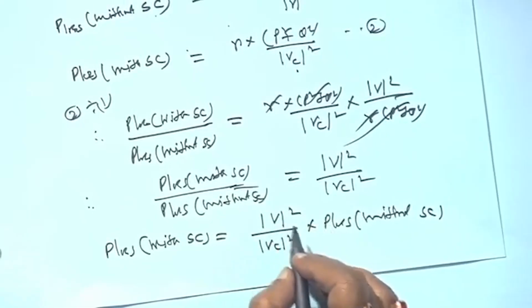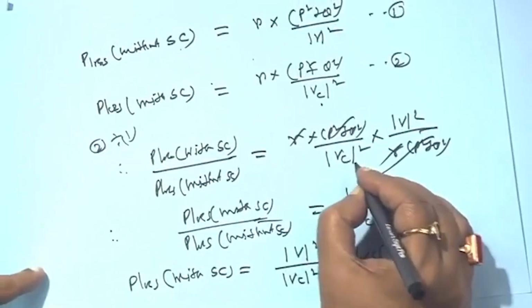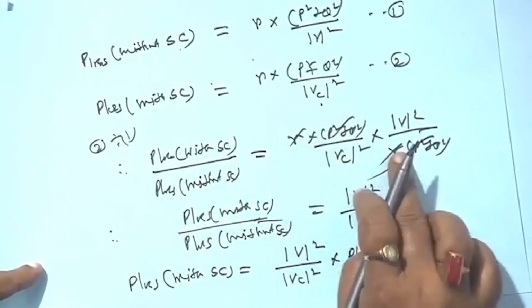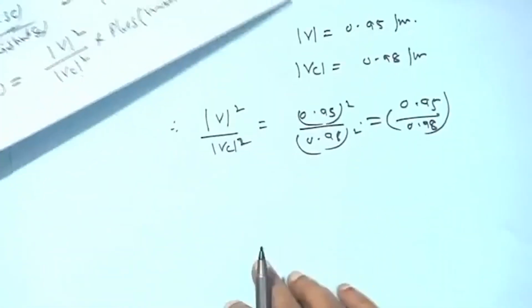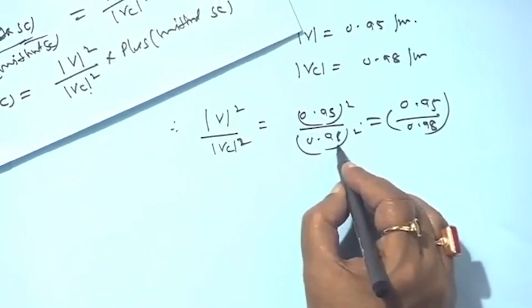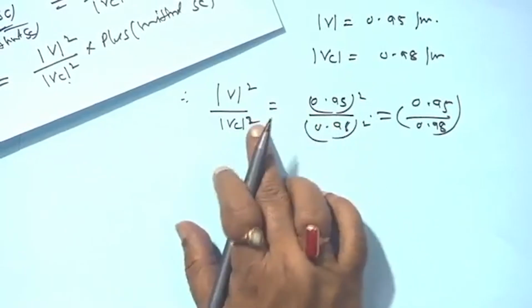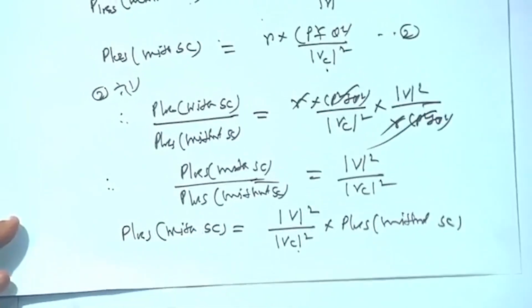So, just a minute, P loss with series capacitor is equal to this one into this one. So, it is V square upon Vc square, yes. So, if you take Vc is 0.98 and V square is equal to this thing, you can find out what will be your P loss with series capacitor.